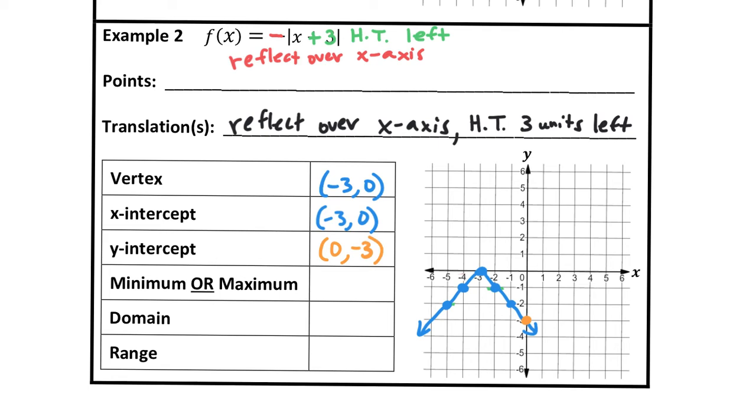Do we have a minimum or a maximum? Well, now, because the arrows are pointing downwards, we have a highest point. So we have a maximum now, and the maximum is located at the vertex. Domain, from left to right, it's going to -infinity to +infinity.